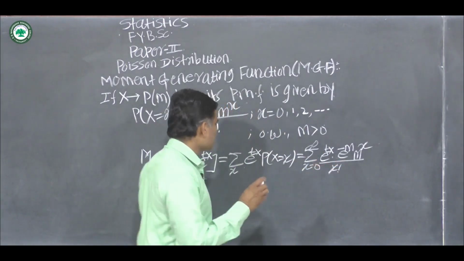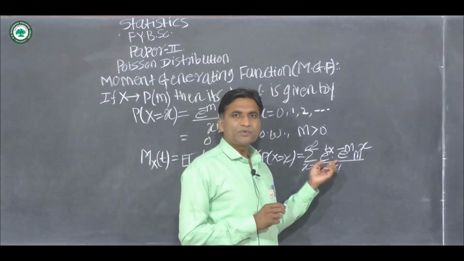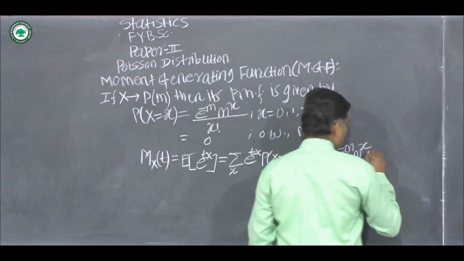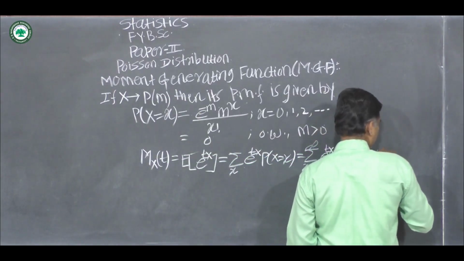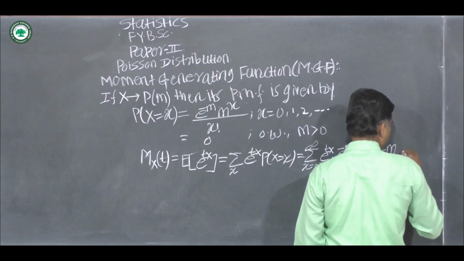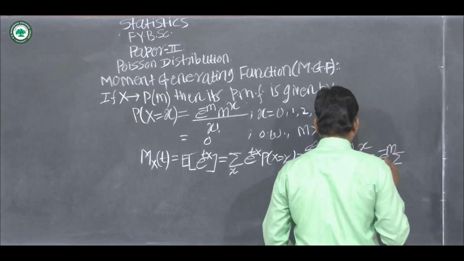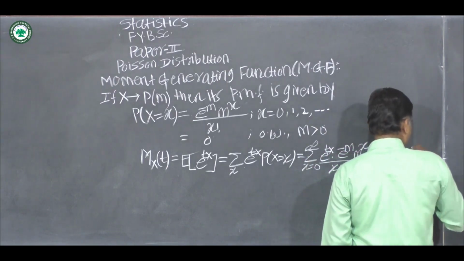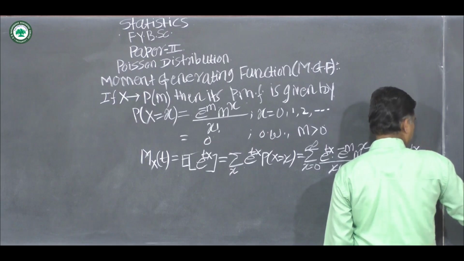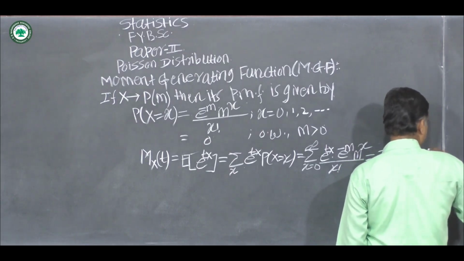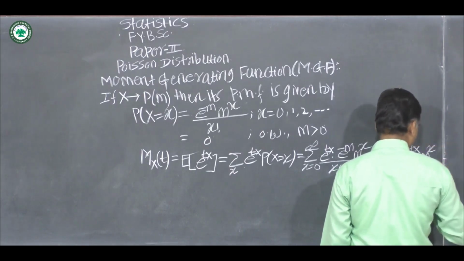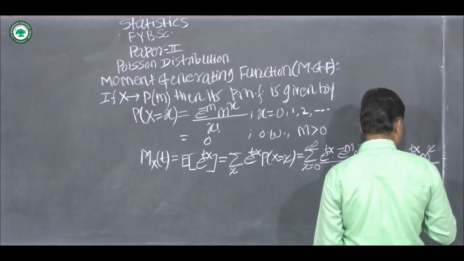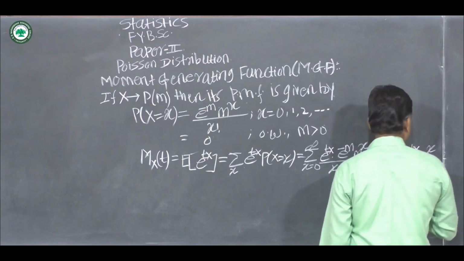Now this can be written as, here e raised to minus m is the constant term, so take it out of the summation sign, which is equal to e raised to minus m into the summation of e raised to t into x into m raised to x upon x factorial, summation over x running from 0 to infinity.